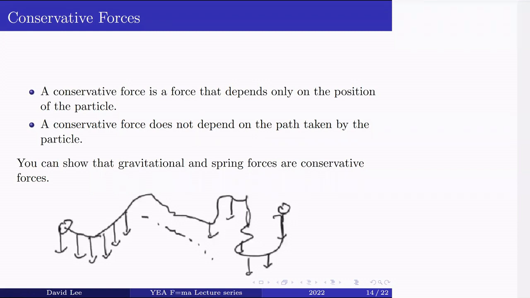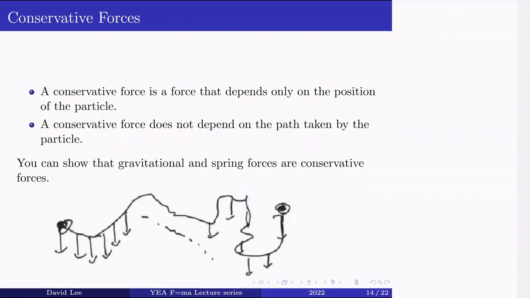But what is the work done by gravity? Well, you can find the work done by gravity. And the funny thing is, you will see that it doesn't depend on which path this particle takes. So as long as it starts right here and ends right here, the work done by gravity will always be the same, or the total work done will be the same.